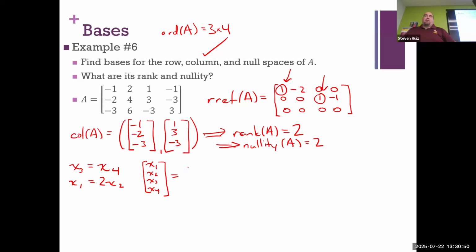Does that fit with what we said the nullity is? Yeah. So I'm going to say that X2 and X4 are parameters. You can rename them to whatever you want, but I'm just going to use X2 and X4 as our parameters.